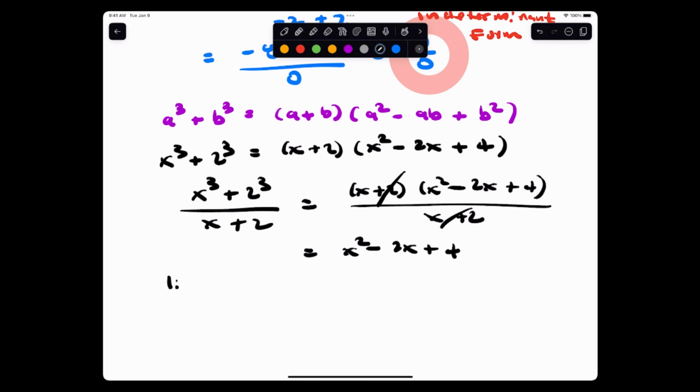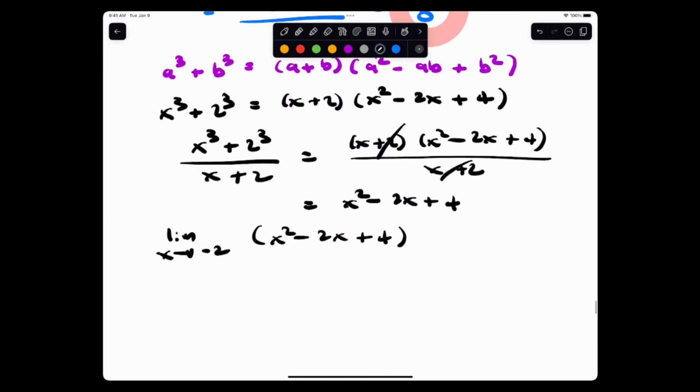So when you try to take the limit now as x goes to negative 2, what do you guys think happens? Yeah, you're going to use direct sub. And I'm going to remind people what's nice about that particular function.